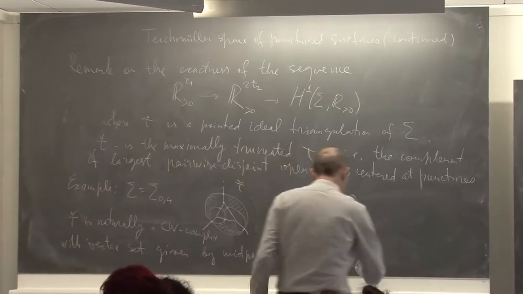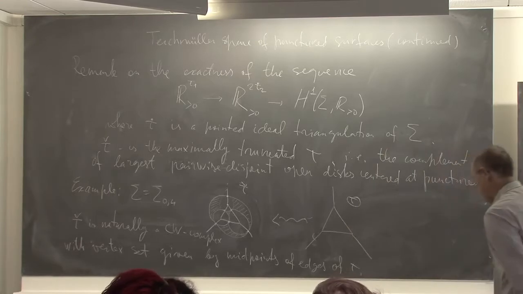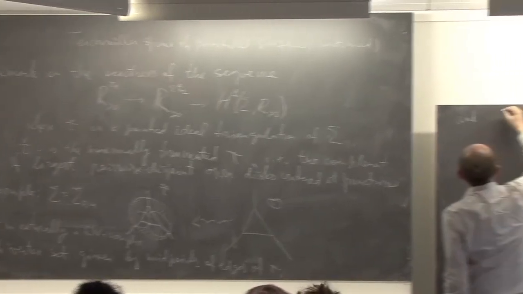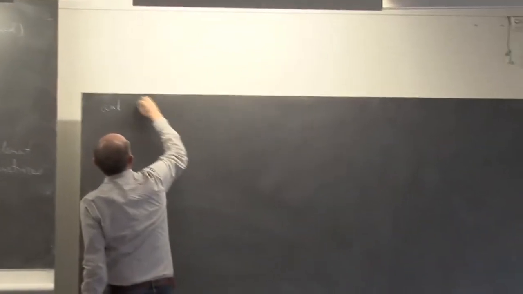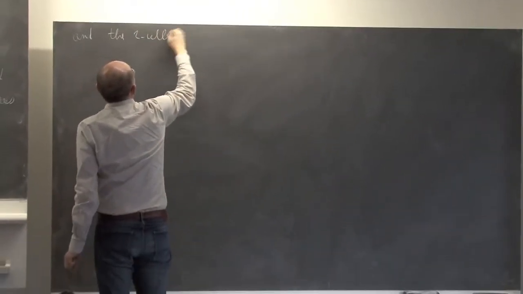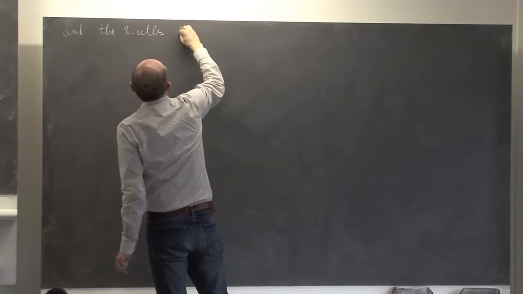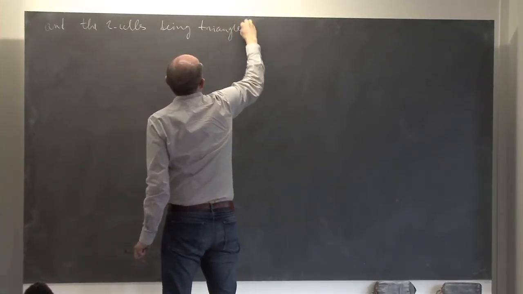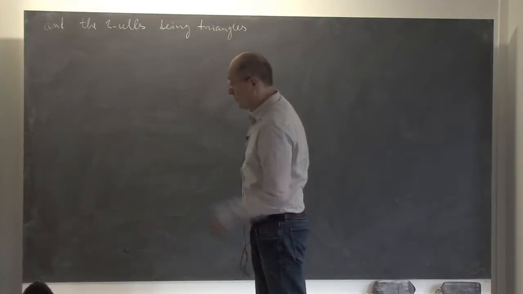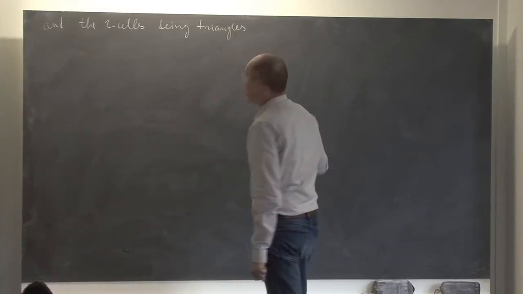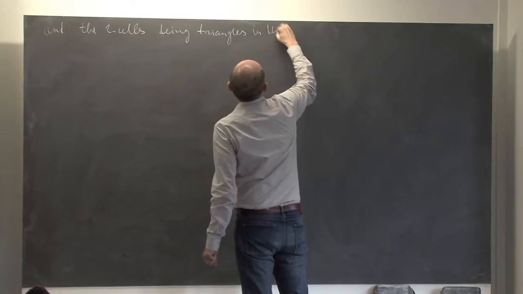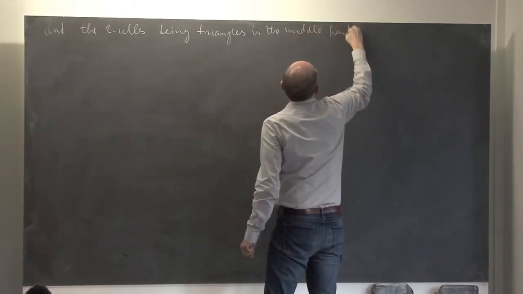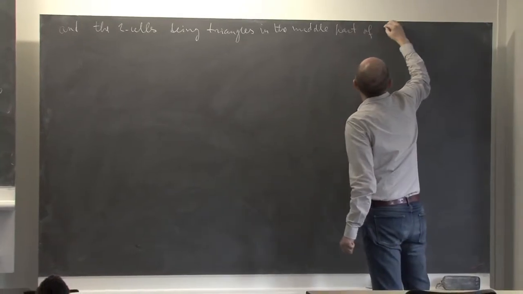And the two-cells being triangles in the middle part of triangles of tau.